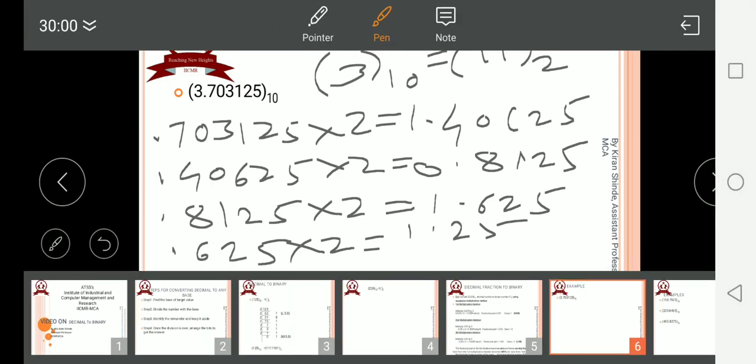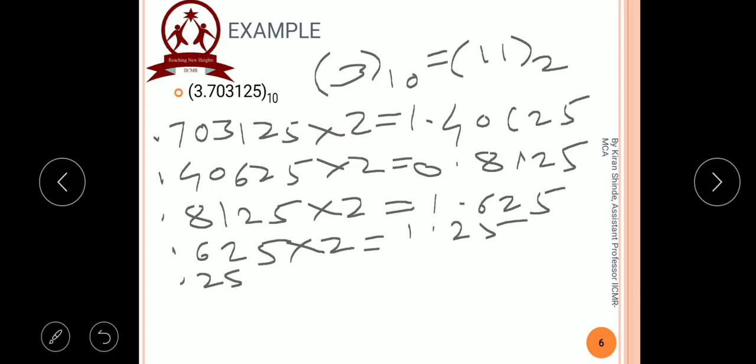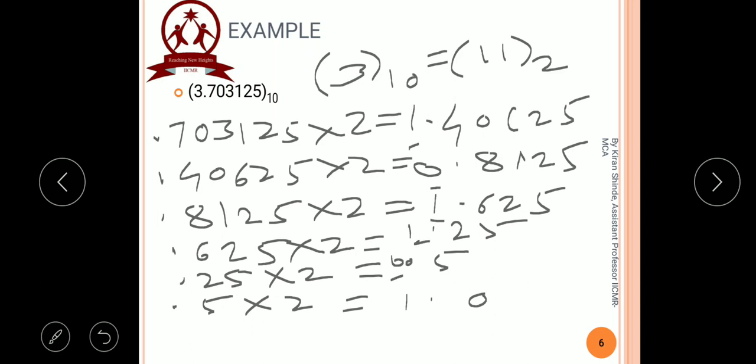Then we have to pick the fractional part, that is 0.25 into 2 will give us 0.5, and finally 0.5 into 2 will give us 1.0. Here, due to the space constraint, I could not write the carry part separately, but you have to write this carry part separately at one side. And while writing the final answer, you have to write from top to bottom.